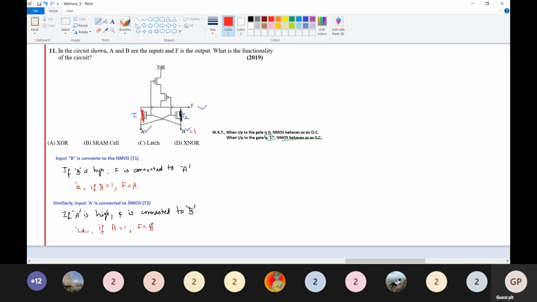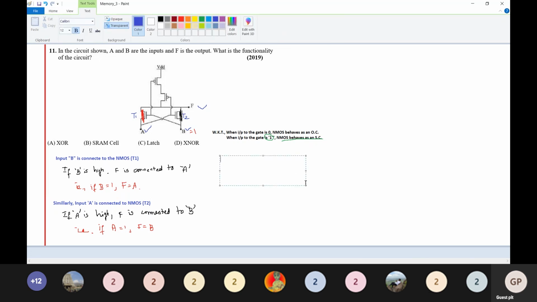And now, if both inputs A and B are 0, what will happen?